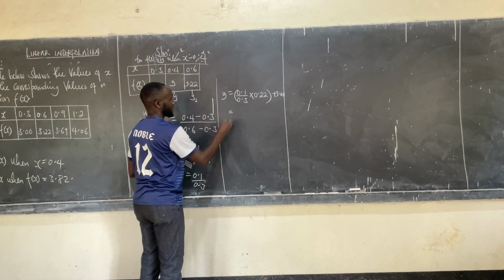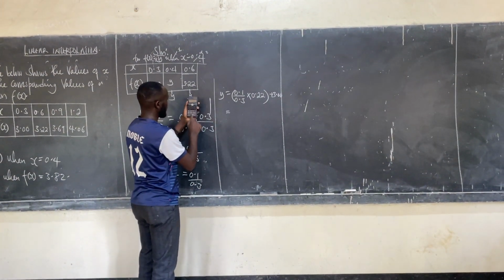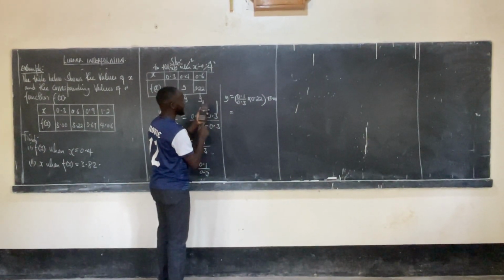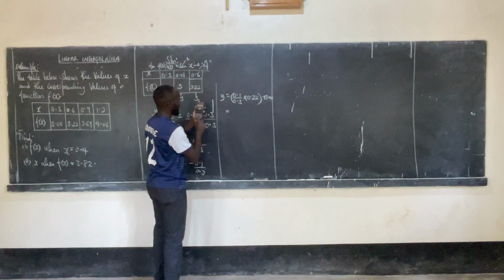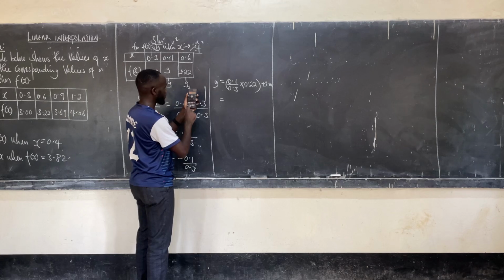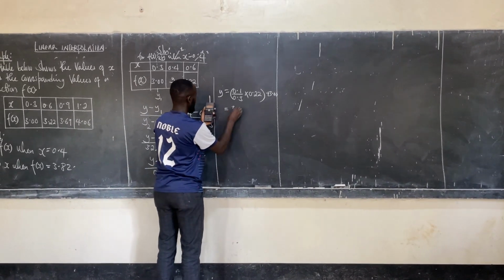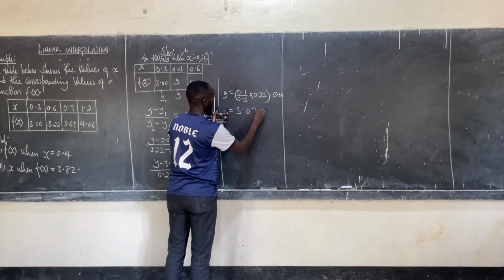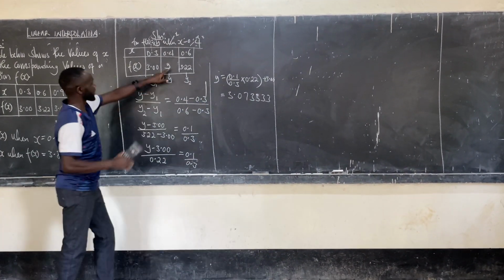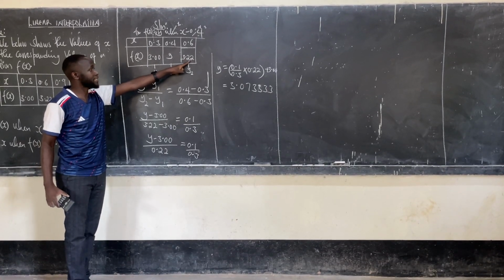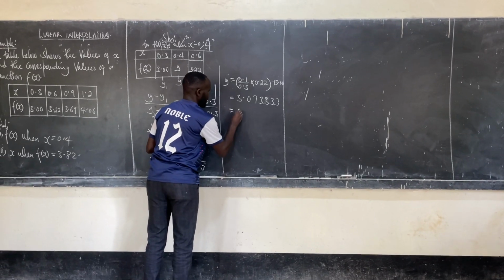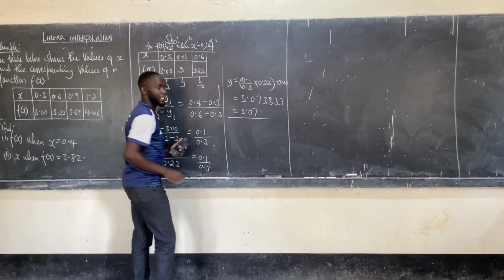So you have 0.22 times 0.1, getting 0.022, then divide by 0.3, you get 0.073, then plus 3, you end up getting 3.073333 recurring. When you look at this, the answers have been given with 2 decimal places. So what you do is approximate this to 3.07, which is 2 decimal places.